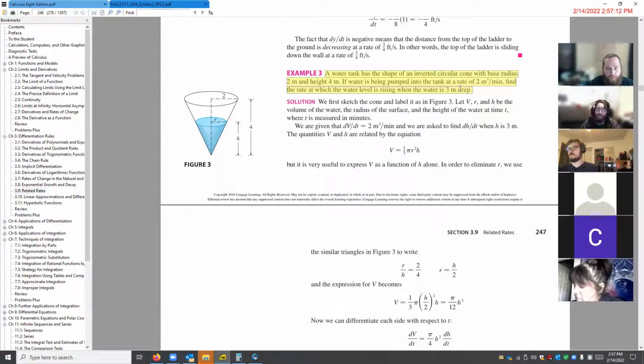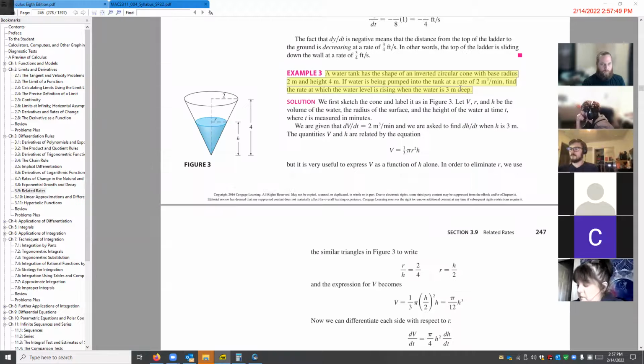Water is being pumped in a conical tank at 2 cubic meters per minute. Draw the picture. We want to find how fast water is rising when it is 3 feet deep.